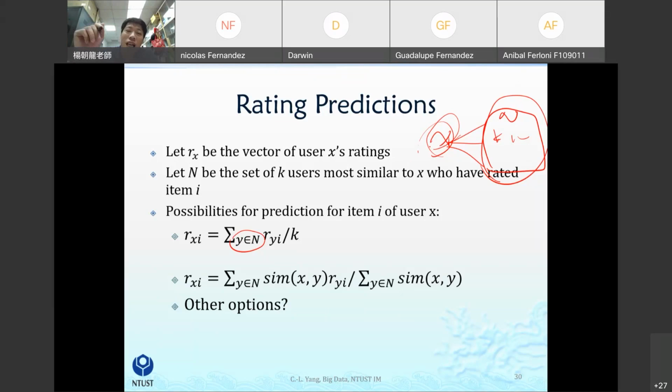Since X never watched it before, we can suggest it. And that is obviously the way we use it for recommendation and also prediction. So you can actually predict based on the similarity you calculate.